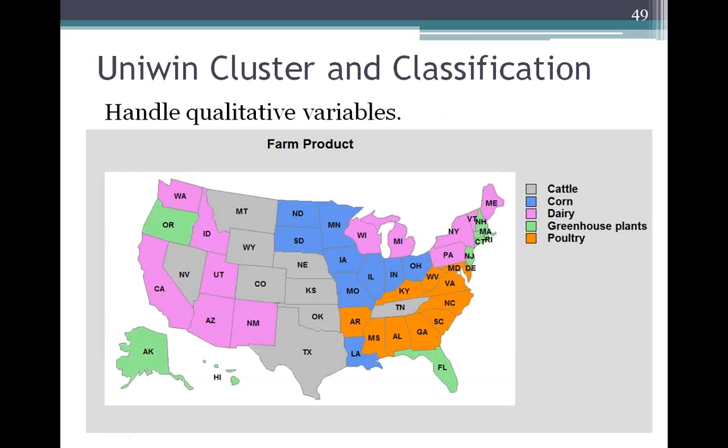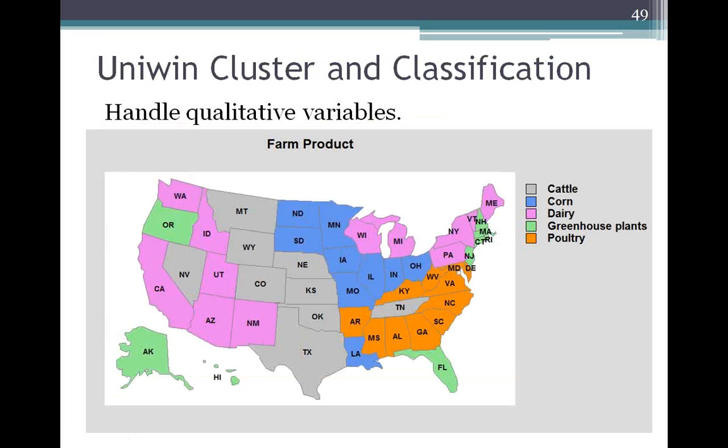However, there are times when things are not naturally quantitative, they're qualitative. And as an example of that, I went out to the internet and went to one of the government agricultural sites and looked at what the major farm products were in each of my 50 states.